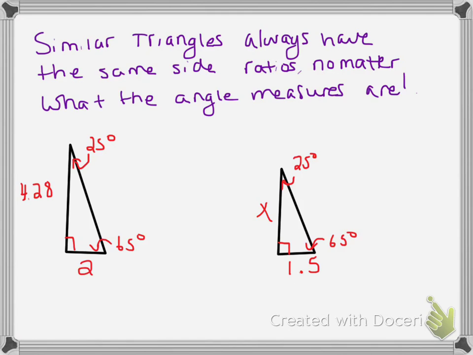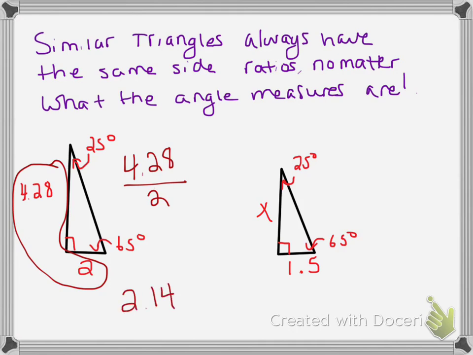Normally how you would solve this is to go across and do 4.28 over x equals 2 over 1.5. But we're not going to do that. We're going to figure out what the ratio is in this triangle. We're going to do 4.28 divided by 2. So put that into the calculator. You get 2.14.